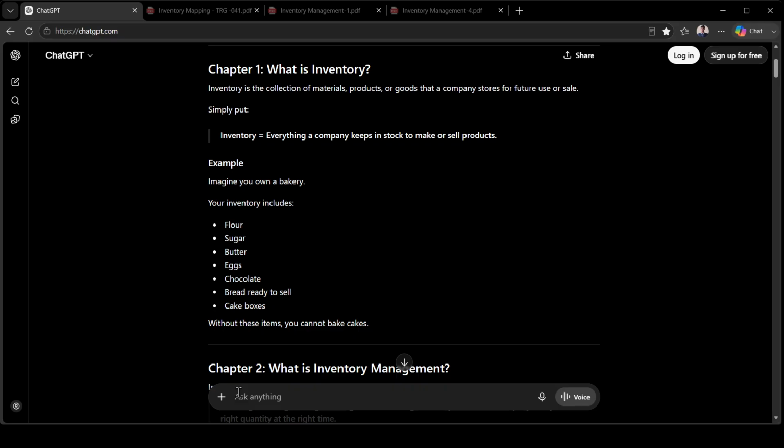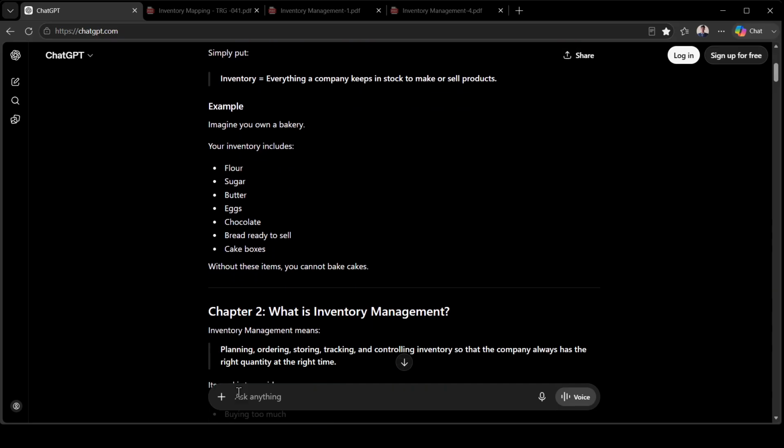In simple form, inventory is everything a company keeps in stock to make or sell products. Example: imagine you own a bakery. Your inventory includes flour, sugar, butter, eggs, chocolate, bread ready to sell, and cake boxes. Without these items you cannot bake cakes.